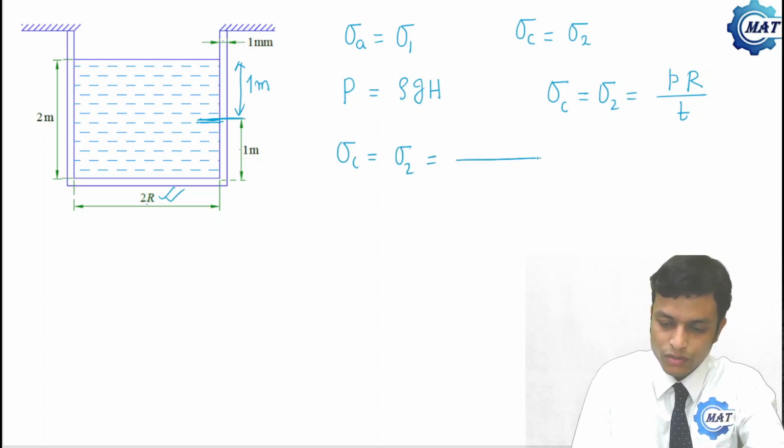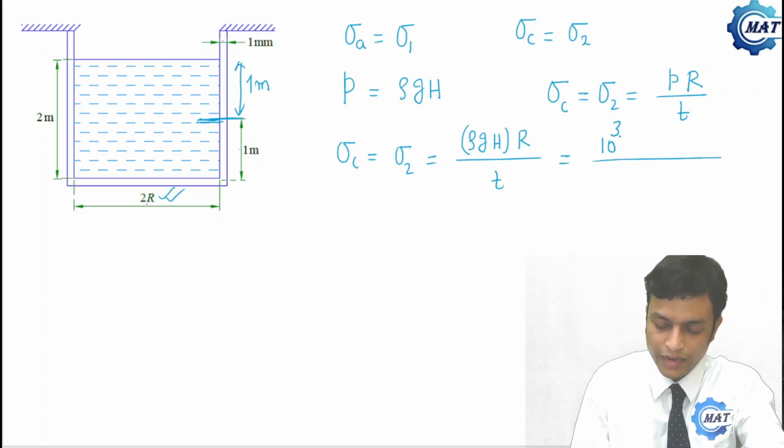Let us put the values. We know the value of P, rho g h. What is h? h is 1 meter. So rho g h into R by T. Now let us put the value. Rho is 10 to the power 3, the density of the water. g is 10. h is 1 meter. R is also 1 meter.